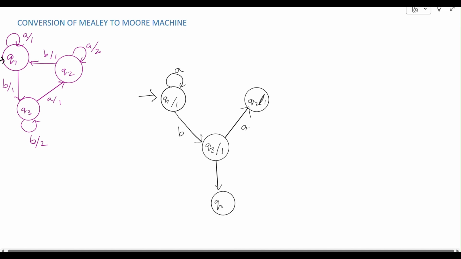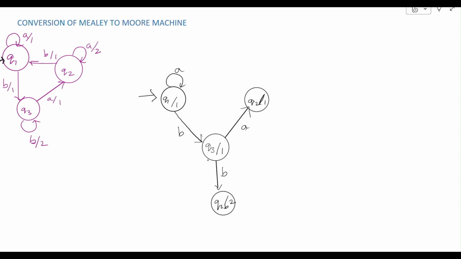So make it as Q3B and say the output is 2. So on receiving input B, it is moving to the extension, that is Q3B, because the output is 1 here, so you cannot map it to this state. So you are making an extension of this state, naming it Q3B, and associating the output 2 to it.